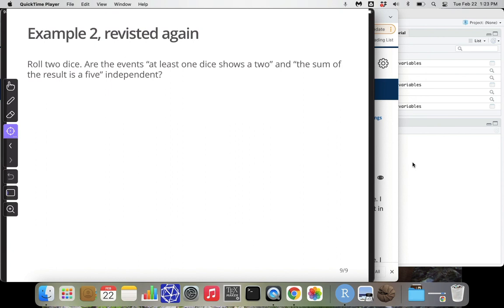Now, going back to the example that we just looked at, remember we had these two events: at least one die shows a 2, and the sum of the result is 5. Are these independent events?